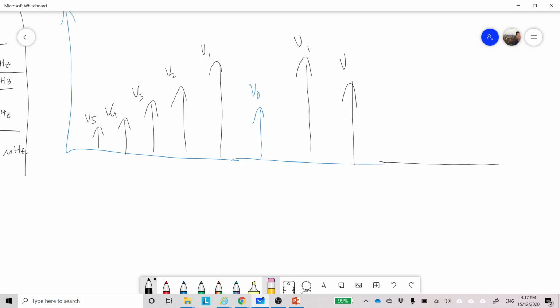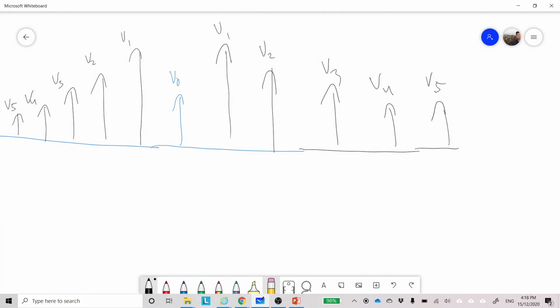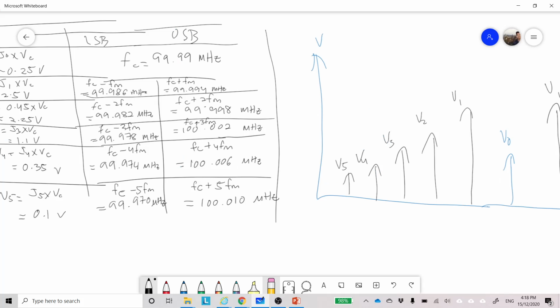V1, V2, V3, V4 dan juga V5. So ini adalah F dalam megahertz.